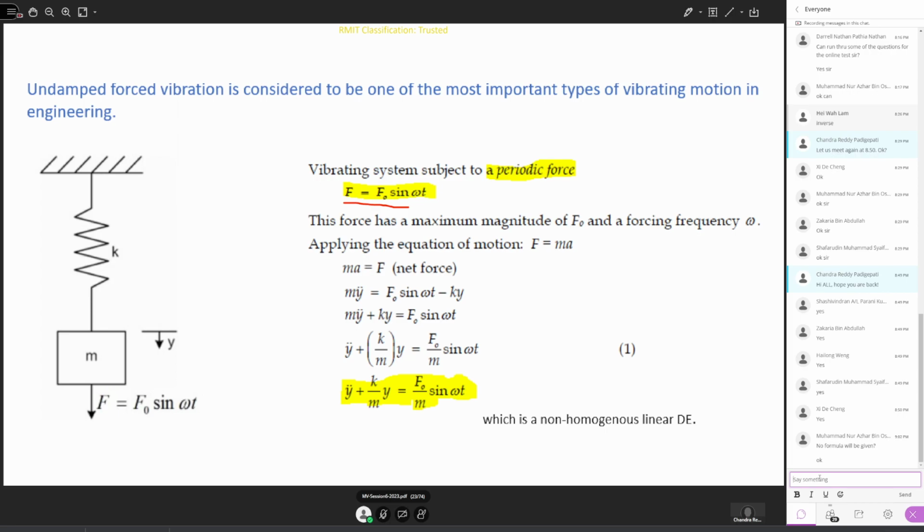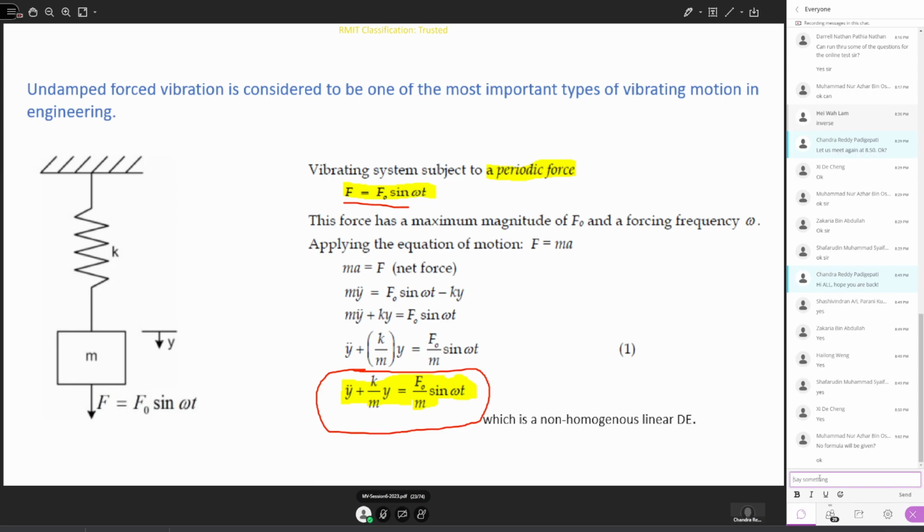So the equation of motion for this we can derive from Newton's law: y double dash plus k by m into y is equal to f naught sine omega t. This is a second order differential equation, and the right hand side is not zero, so it is a non-homogeneous second order differential equation.